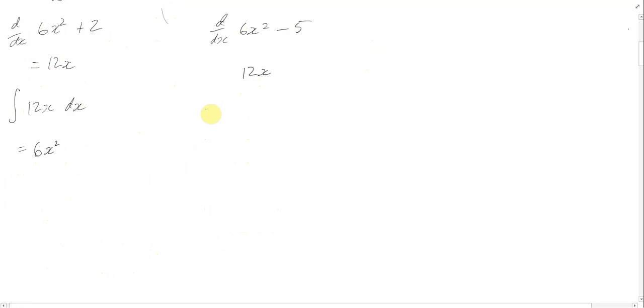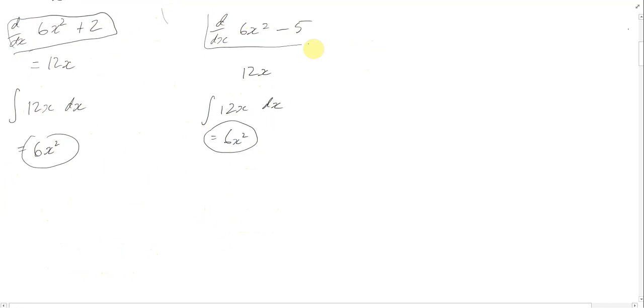Now we'll do the opposite, the antiderivative of 12x dx. We notice it's actually the exact same as what we had before, so it is 6x squared. So our answers are the same, but our original function is not the same. These bits here are not the same as each other.